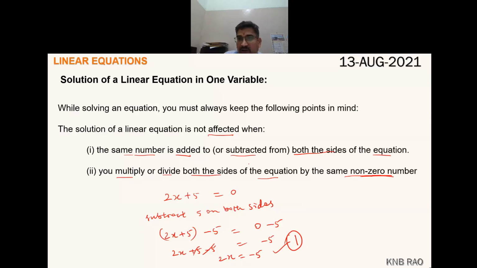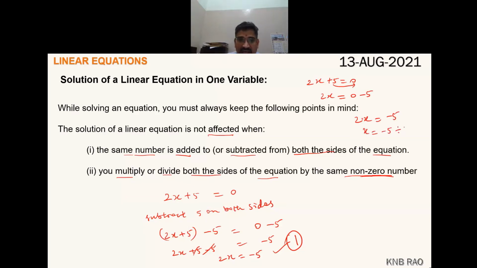Later, after learning this balancing technique, we went for the transposing technique. In the transposing technique, for 2x plus 5 equals 0, the addend, when it is transposed to the other side, becomes a subtrahend, which means the plus 5 goes and does subtracting. So 2x equals 0 minus 5, which is minus 5. The multiplicand on this side goes to the other side and does division.